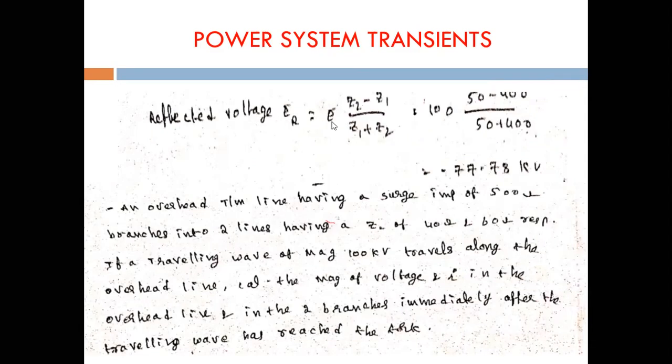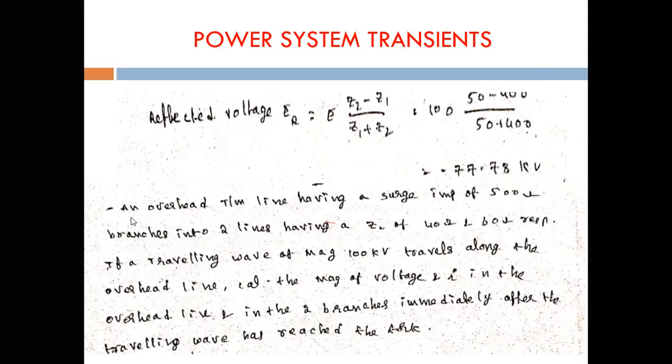E is equal to 100, Z2 is 50, minus Z1 which is 400, by 50 plus 400. That gives 77.78 kilovolts. This is the reflected voltage.